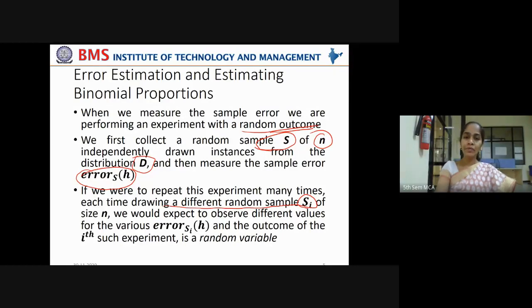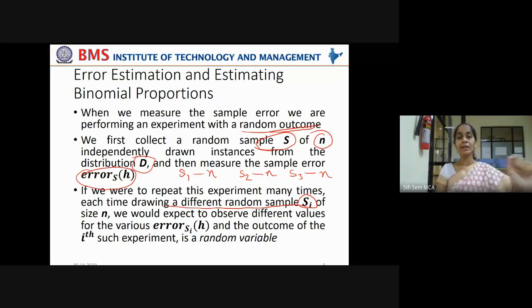Now in S1, say sample 1, you have taken n instances. Again, you're taking a different sample in the next experiment, and that also contains n instances. Now you have taken another sample S3 containing again n instances. Each time you are taking an equal number of data points for the sample, but picking them randomly. That means you are not sure that the sample contains the same instances.